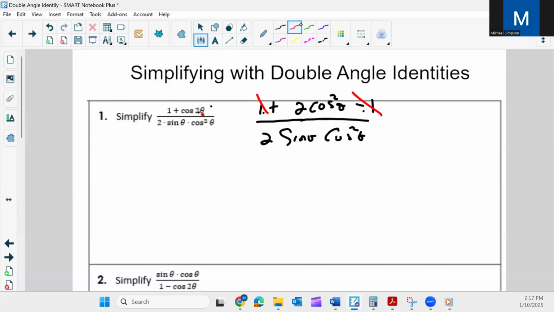So now I have 2 cosine squared theta over 2 sine theta cosine squared theta. What does that equal?